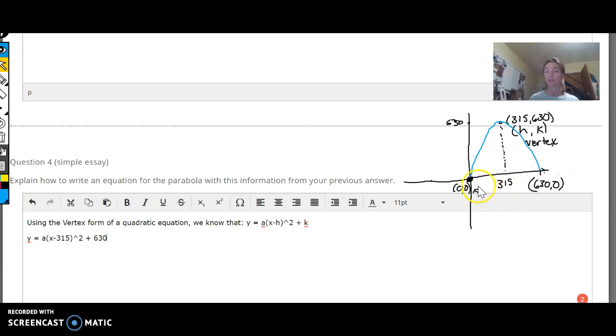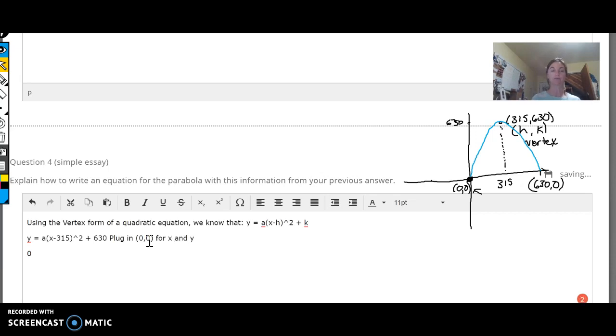I could also use 0 and 0. So 0 and 0 seems like the easiest way to go to me. So I'm going to go ahead and plug in 0 for x and y.